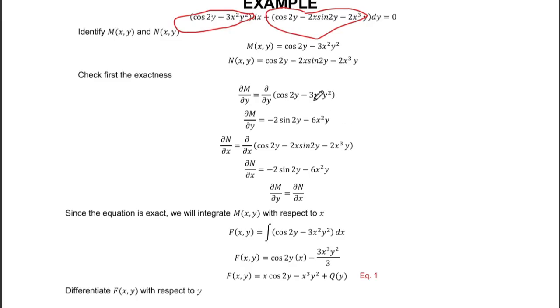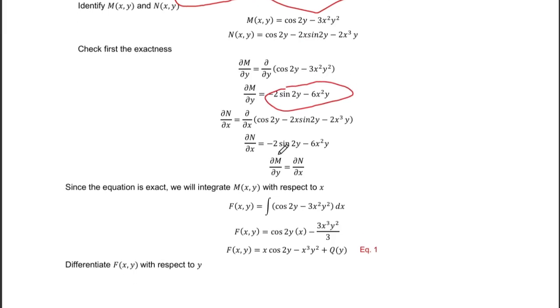To check this, the partial derivative of function N with respect to x must be the same as this. So we have here the partial derivative of N with respect to x, from cosine 2y minus 2x sine 2y minus 2x cubed y.